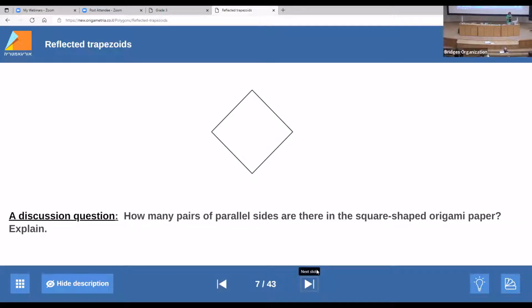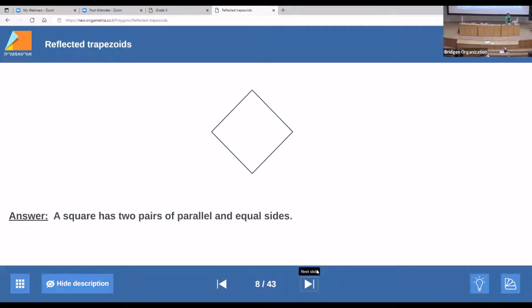So now I ask you, how many pairs of parallel sides do you have in your paper? And how do you check that? So you tell me, yes, there are two pairs of parallel sides. This is one of them, and this is another one of them. But how do you check they are parallel?